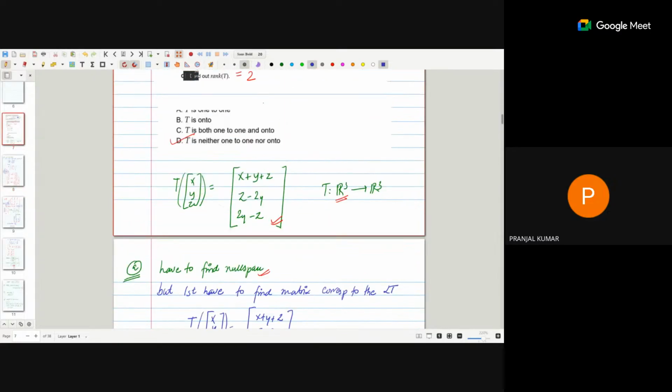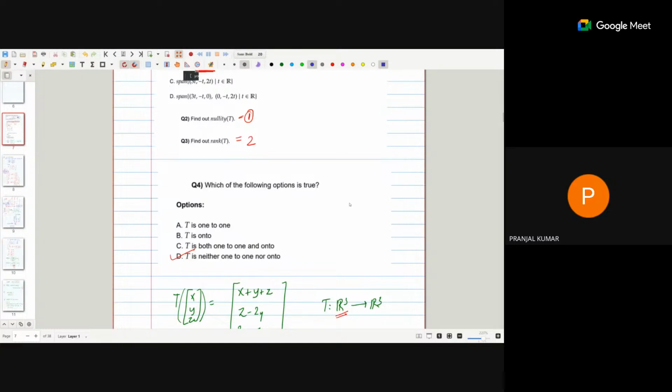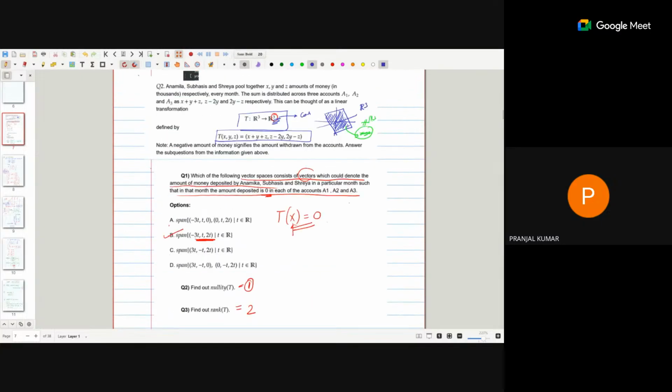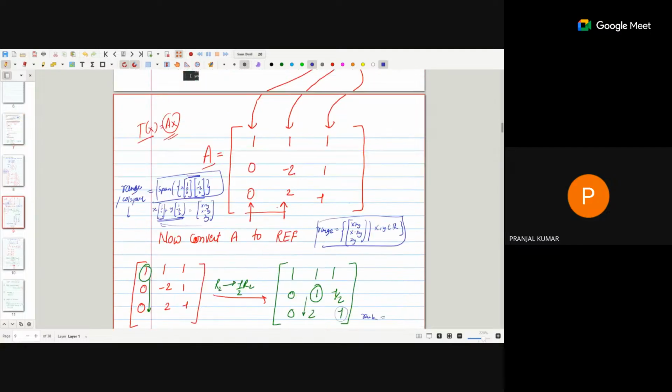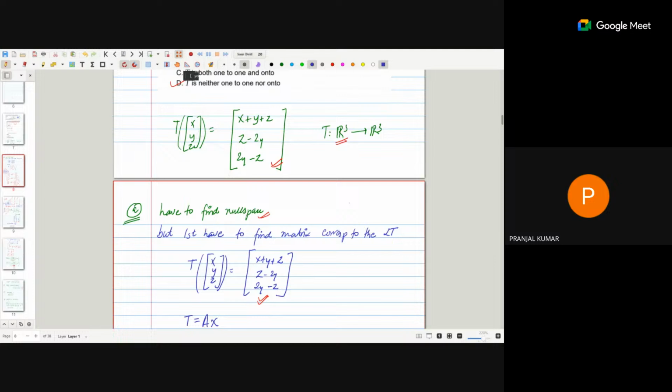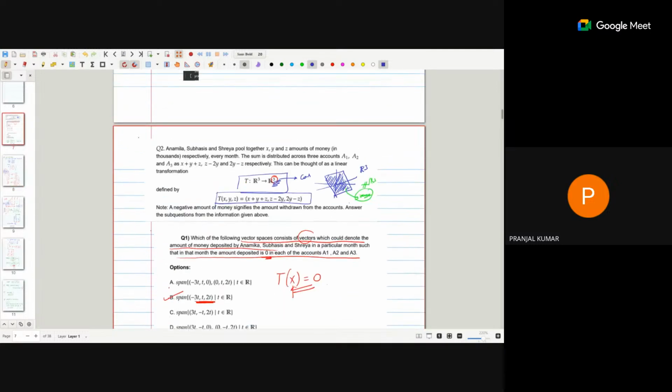Because rank becoming 3 becomes equal to the dimension of the codomain, which is 3 here. Then there would be 3 vectors here, the span of 3 vectors, which would be a 3-dimensional space. So in that case, it would be the whole of R3. Are you getting this?